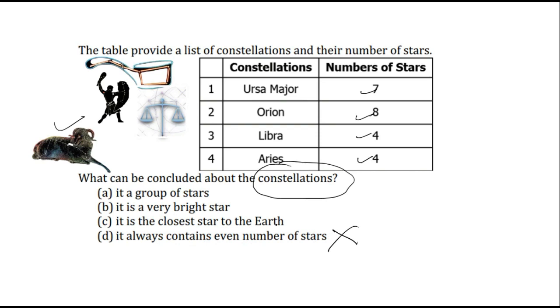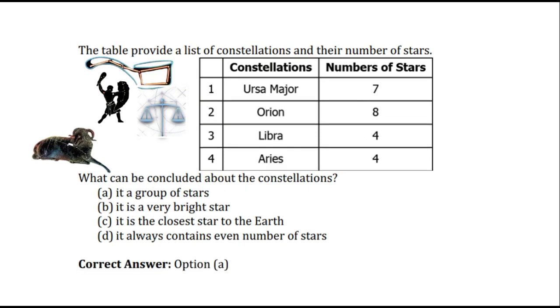It is the closest star? No, it's a group of stars, right? So a group of stars is the correct answer. It appears to be a group of stars. Please remember this, they may be far away from each other. So the first option, A, is more appropriate here.